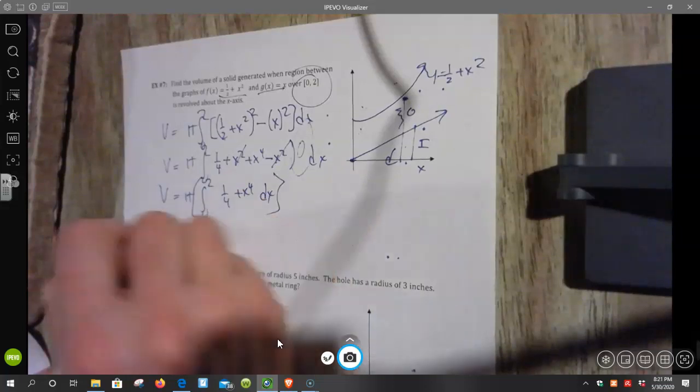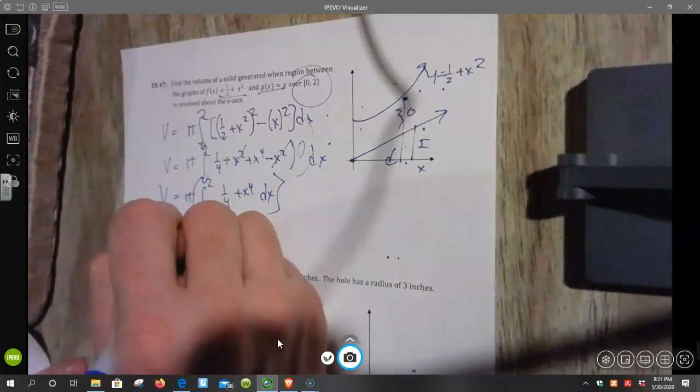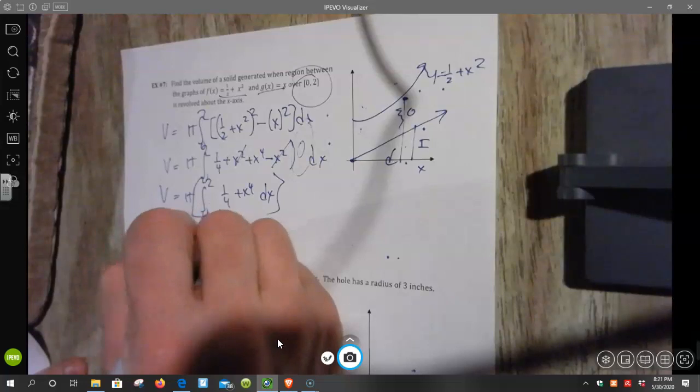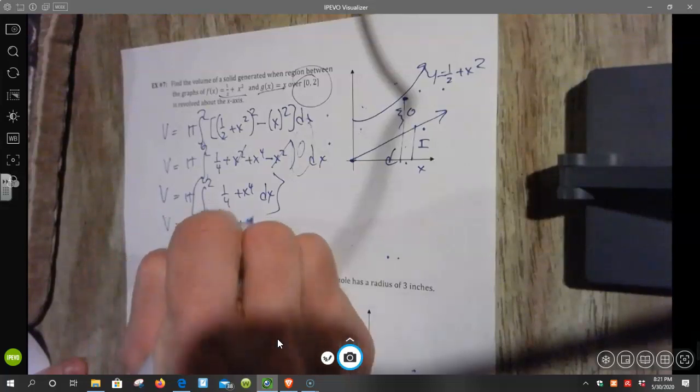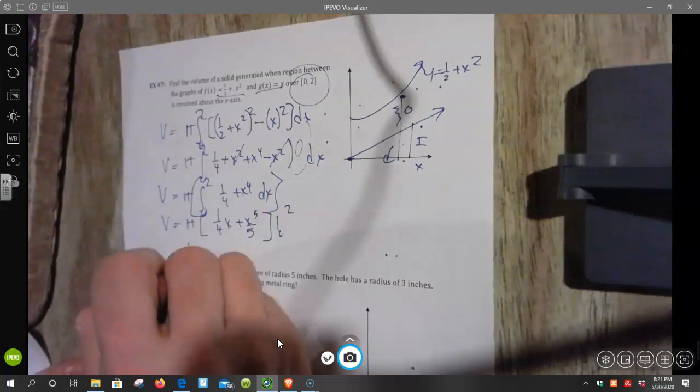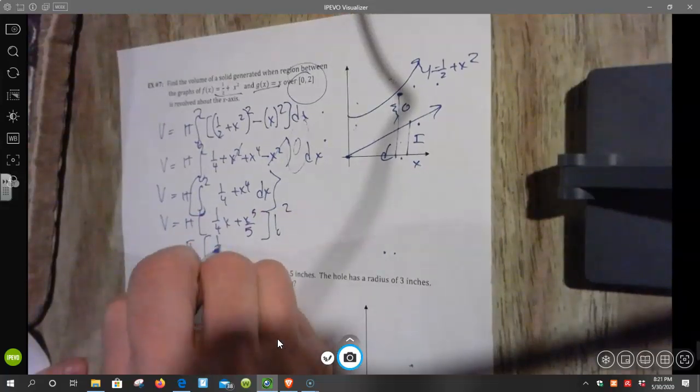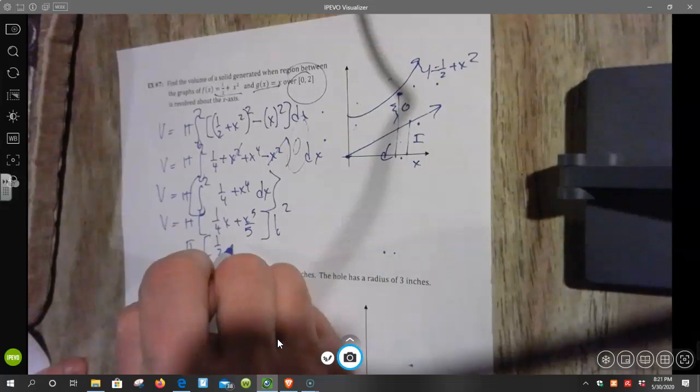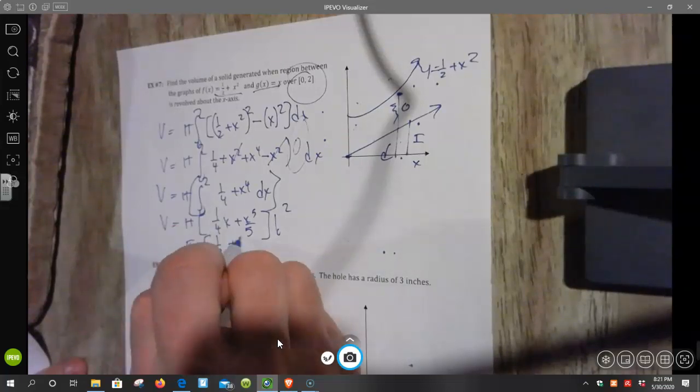And we integrate that. And we have the volume is equal to pi times 1/4 x plus x to the 5th over 5 from 0 to 2. We have pi times 1/2, after we plug in the 2 here, plus 32 over 5.